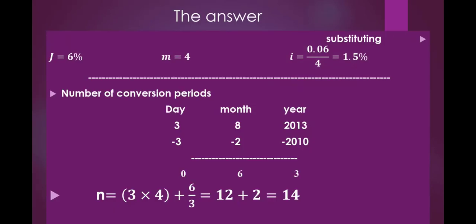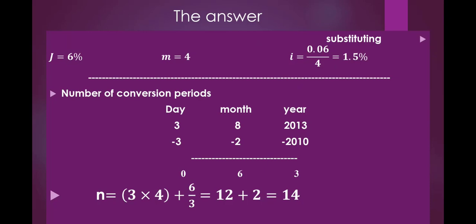we will substitute J equals 6%, M will be equal to 4, and I will be equal to 6% over 4, which is equal to 1.5%. And to get N, we must calculate the total time.